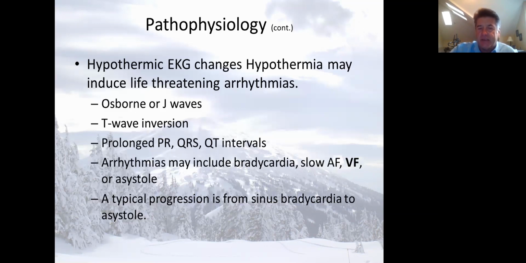You don't get ST elevation. You don't get a STEMI-looking picture with this. Your arrhythmias may be a slow heart rate or bradycardia, a very slow AFib, or you may have VFib or asystole. A typical progression is from sinus bradycardia all the way down through the spectrum to asystole.